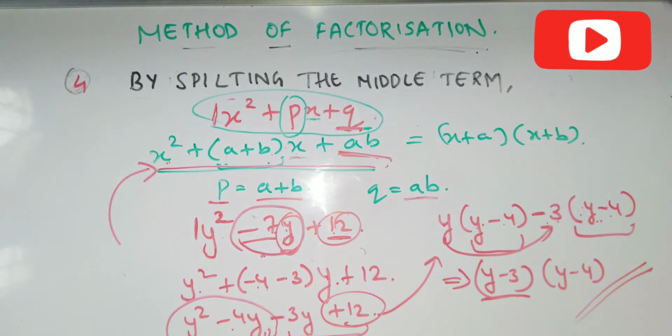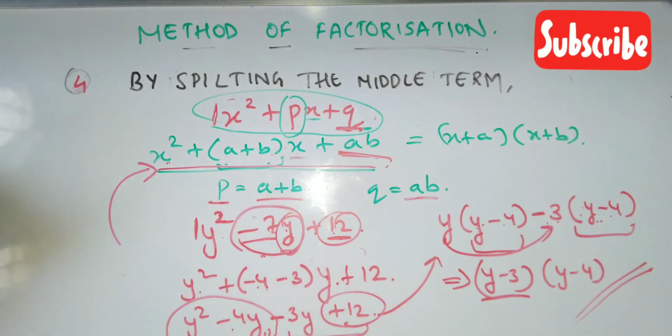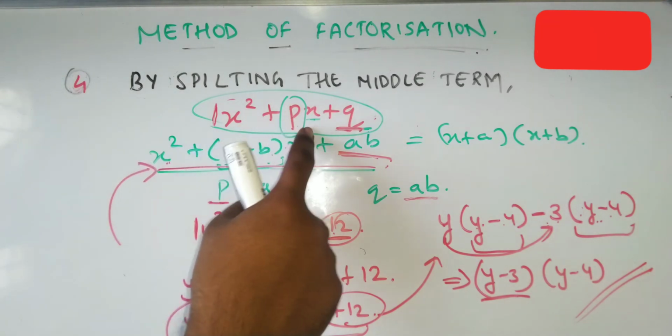Okay, so simple thing. Once again I'll repeat what splitting the middle term is. So basically splitting the middle term is nothing but this: x square plus px plus q.